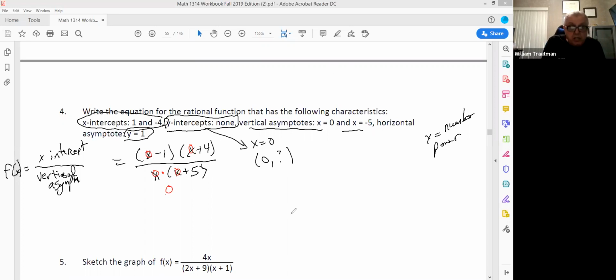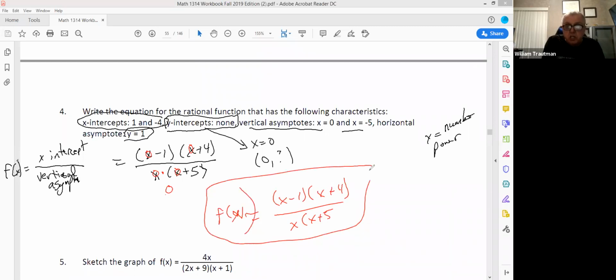We are done. This is our equation, x minus 1, x plus 4, x times x plus 5. Y equals, or f of x equals, however you want to write it. That's our function. We write the top using the x-intercepts, the bottom with the vertical asymptotes.